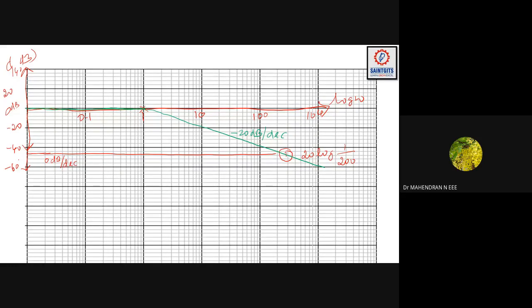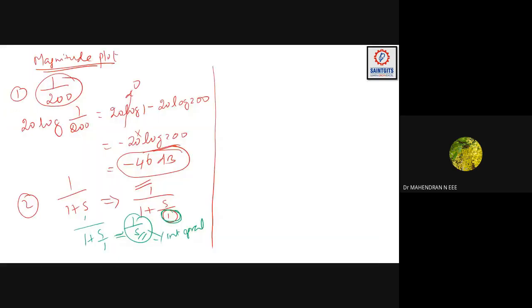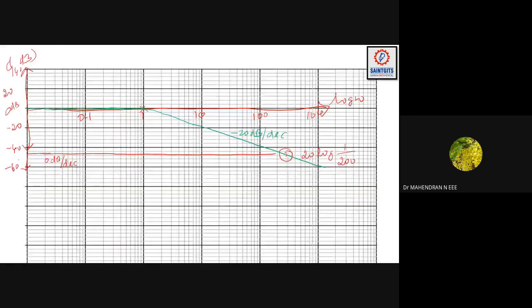If omega takes a lesser value, then 1 divided by 1 plus s is approximately equal to 1. So this straight line represents this one term. It is very clear, and this is the second term magnitude plot.